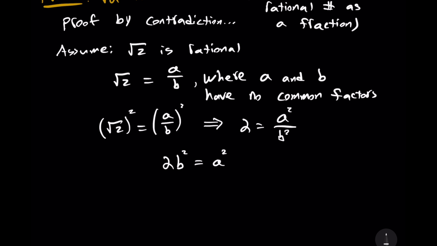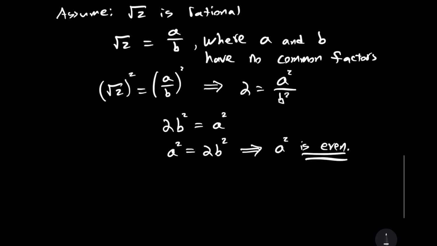Or by a symmetric principle, we can re-express this, move the left-hand side to the right-hand side and the right-hand side to the left-hand side to say that a squared is equal to 2b squared. This implies that a squared is even. Moreover, note that in our last proof, we saw that a must be even as well.